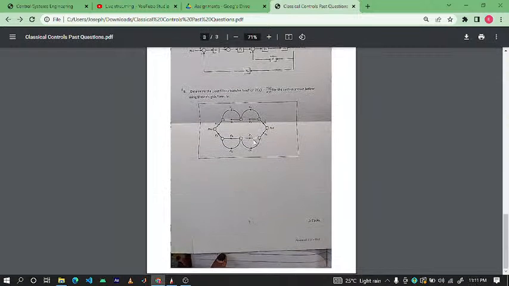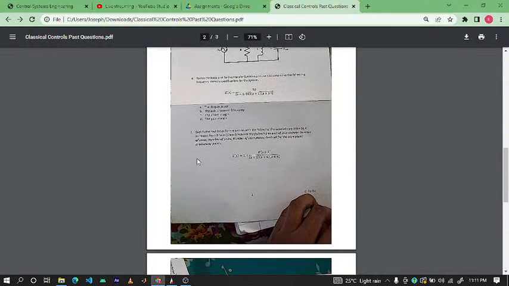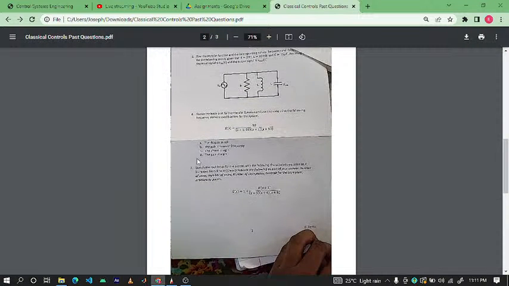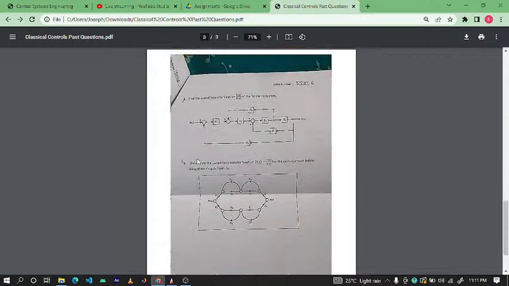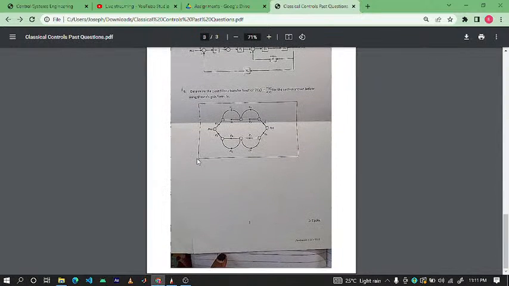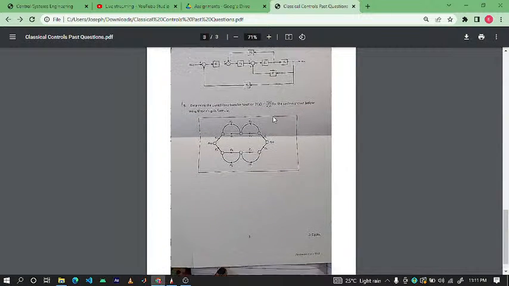I'm sure you can go about Mason's rule, that one is just a rule. Let's say around 11, we'll look at the bode plot, and then that'll be all for control systems tutorials. It was nice having you guys.